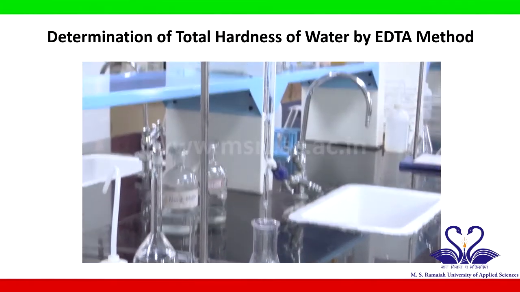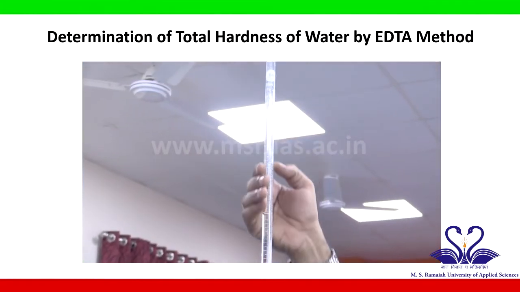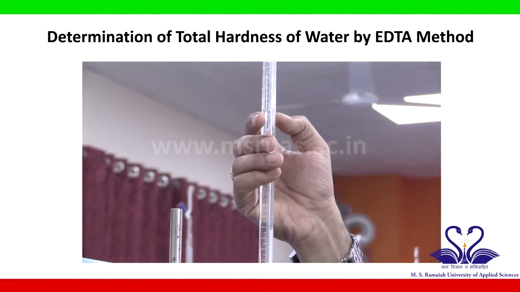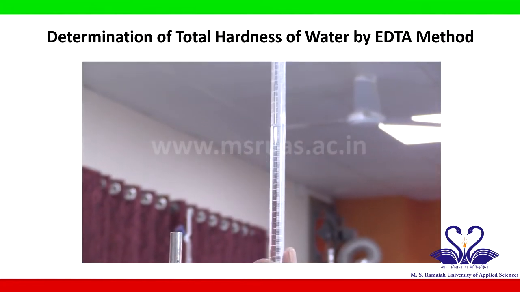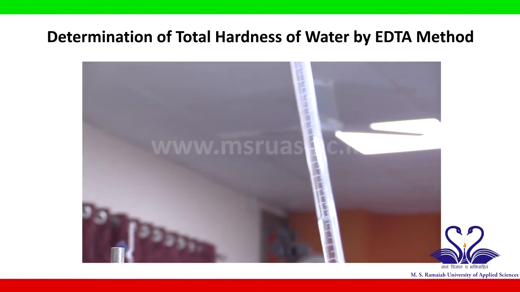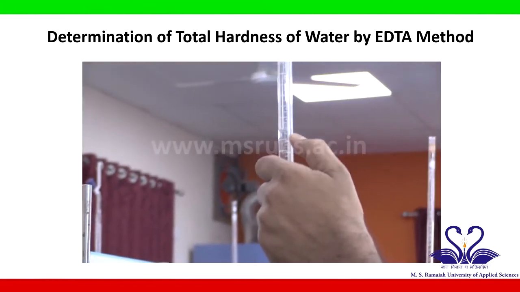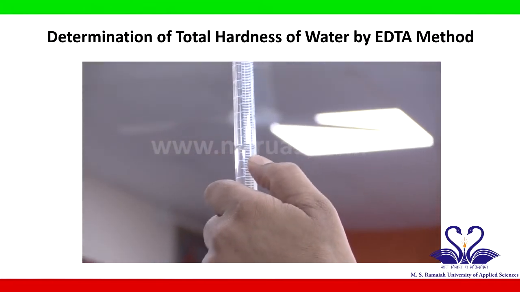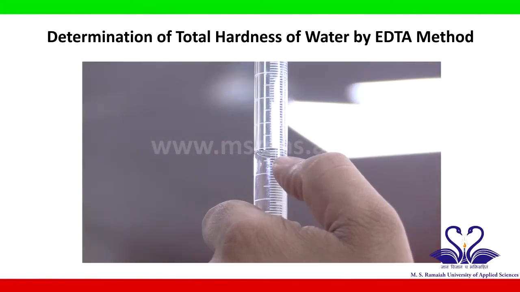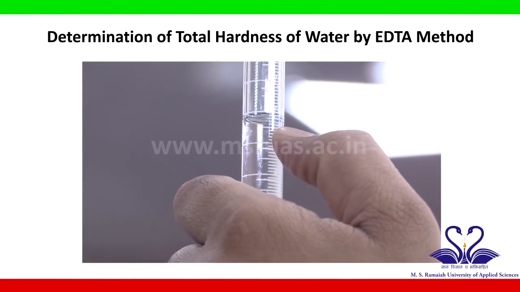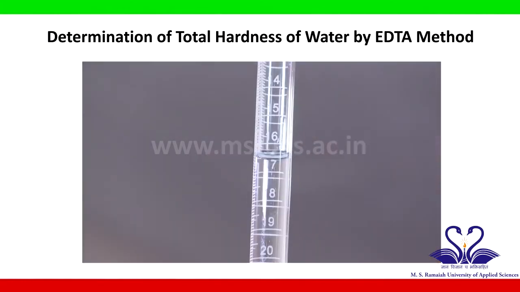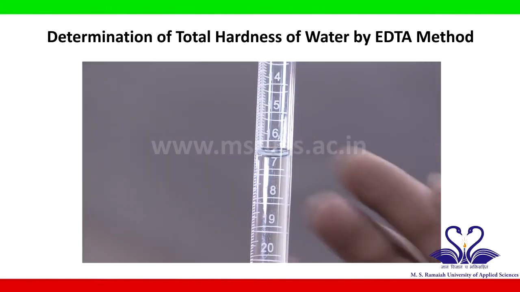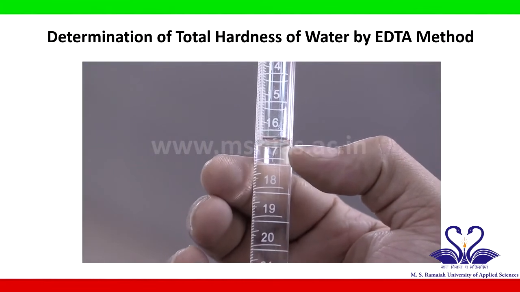First you have to report the amount of standard EDTA consumed. To see it, you have to remove the burette out, bring it to the eye mark and see. Now it is 16.25, so it is almost 16.3 ml consumed.